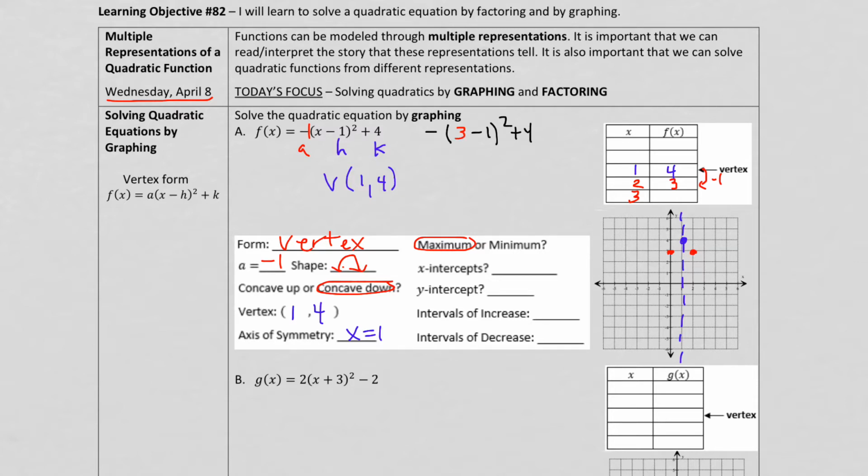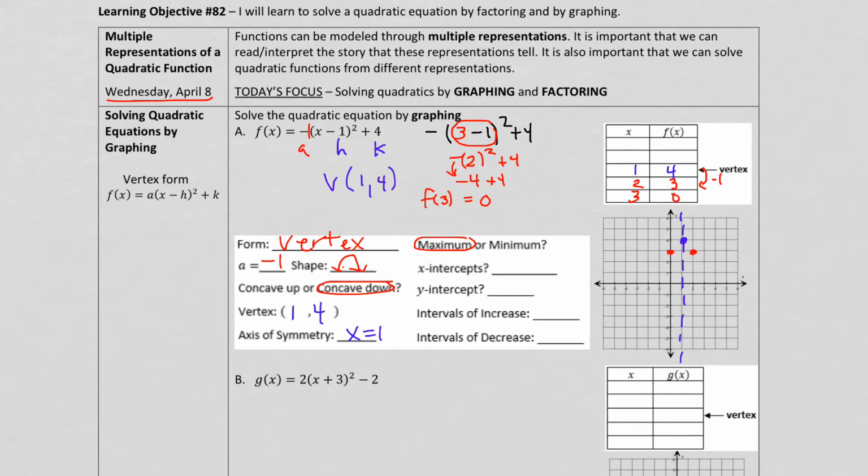I can work this out. 3 minus 1 is 2, so I have 2 squared, and I have all the other components still in the problem. Next, 2 squared is 4, the minus sign drops down, and then 4 minus 4 is 0. So when I input a 3, I output a 0.